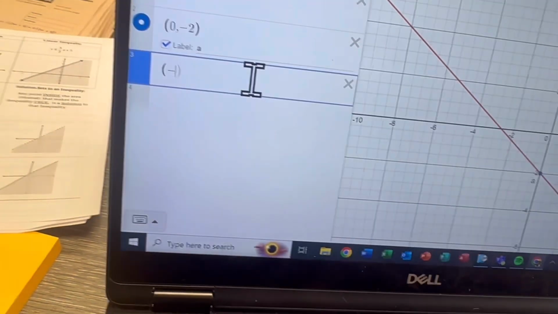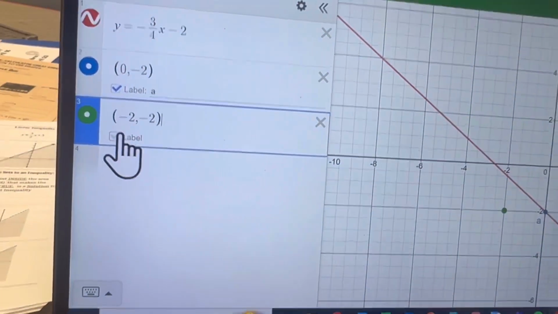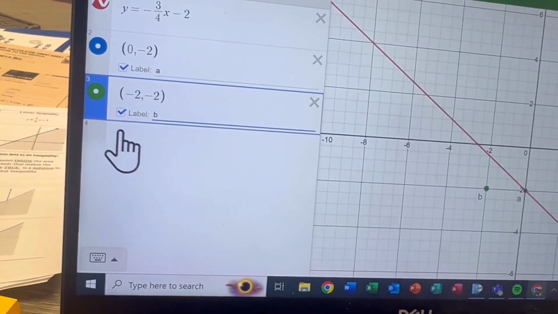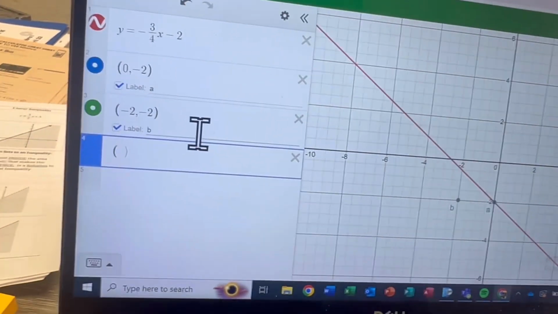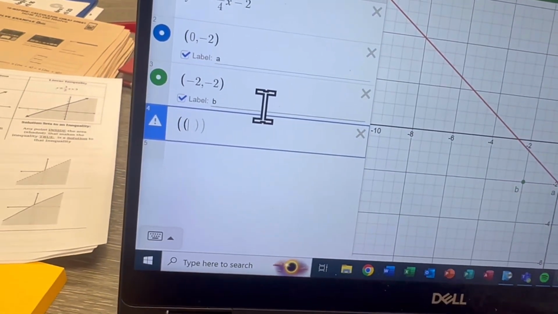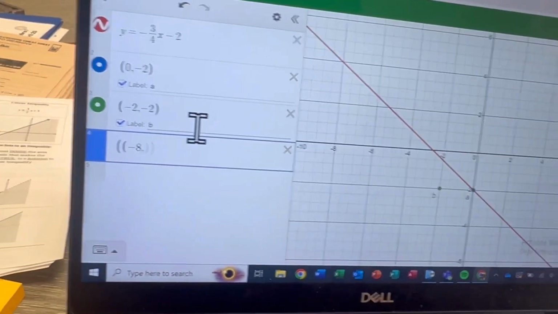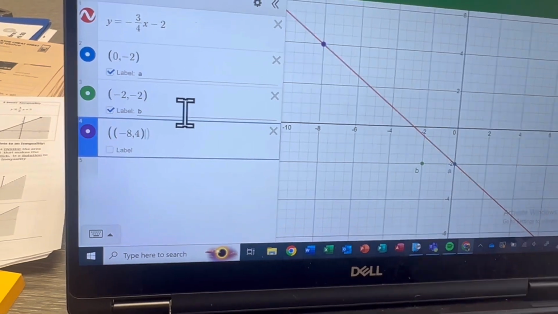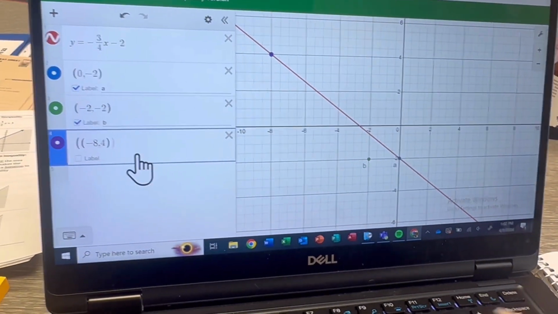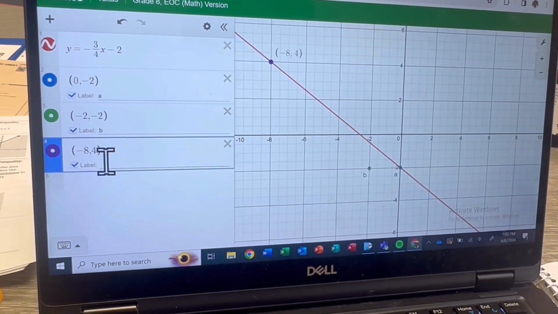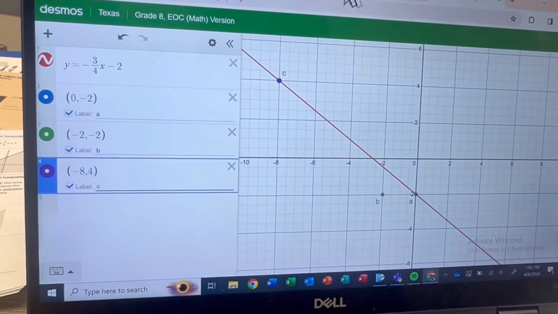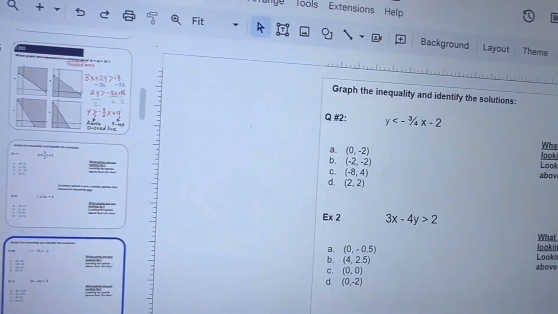Negative 2, comma, negative 2, parentheses. Label that one B. And then negative 8, 4. Label as C, and then 2, 2, that's D.